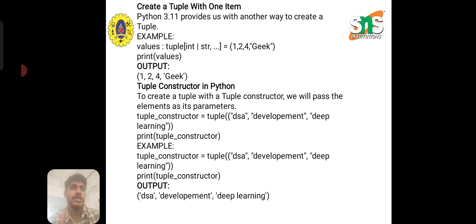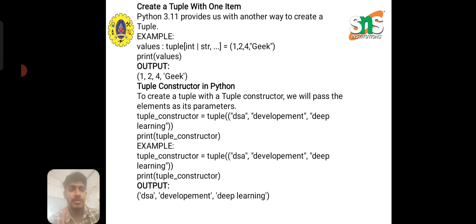Another way to create a tuple is with the tuple constructor, for example with integers or strings. Suppose we assign a variable as 1, 2, 4 and "Geek". Printing the values, the output will be 1, 2, 4 and Geek. Now the tuple constructor in Python: to create a tuple with the tuple constructor, we pass the elements as its parameter. Tuple constructor equals tuple, and in double quotes we give DSA, development and deep learning.